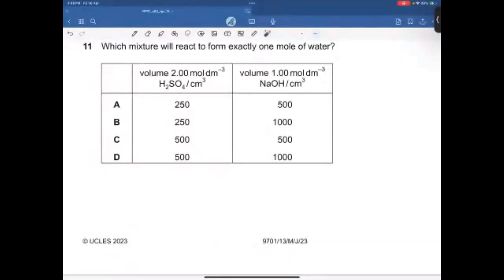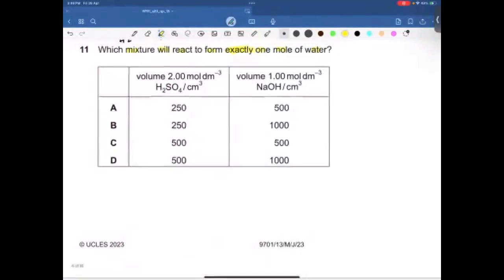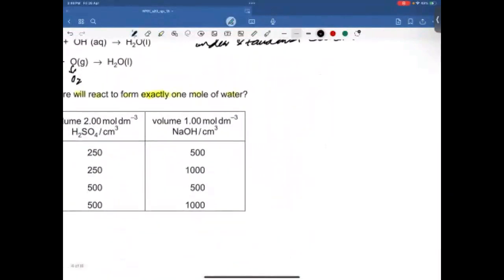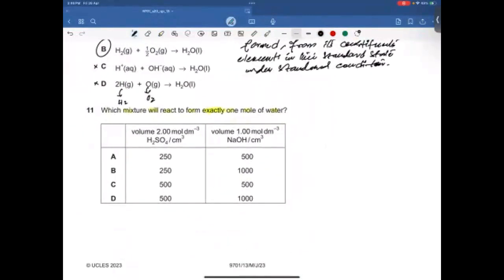Let's start question number 11. Which mixture will react to form exactly 1 mole of water? Exactly 1 mole of water, okay? So 1 mole of water is formed when hydrogen ions and hydroxide ions are reacting together, converting into 1 mole of water.